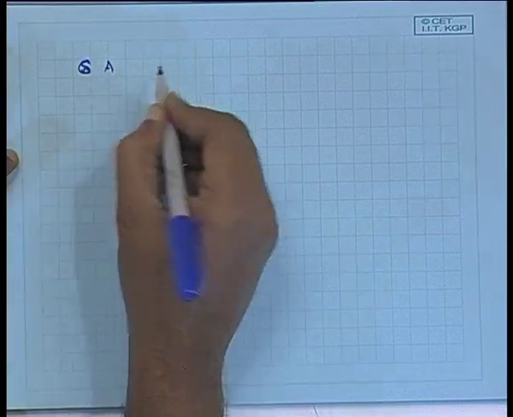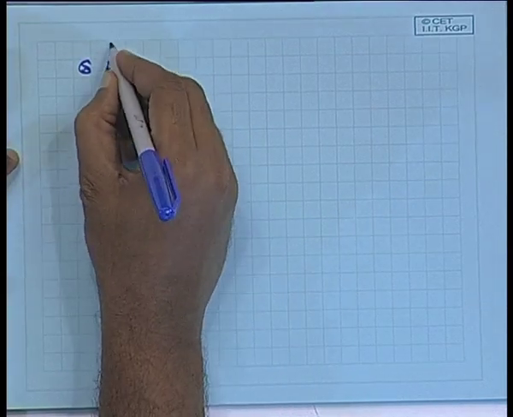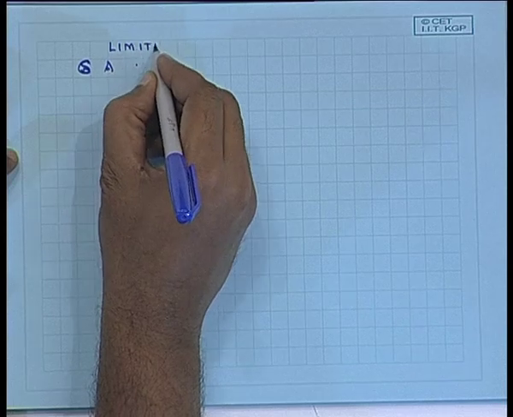So, in order to obtain an analytic solution, we are going to solve this problem under a very special condition, which is also known as a limiting form of the solution. So, the solution that we are going to get is going to be valid only in a very special situation, which is the limiting form. This is the limiting solution.